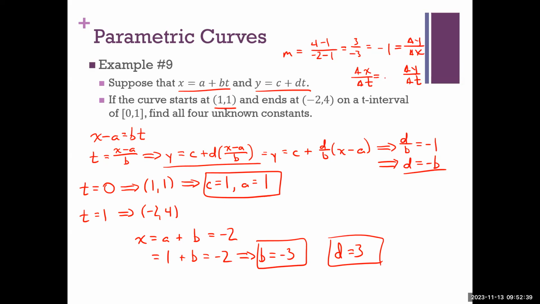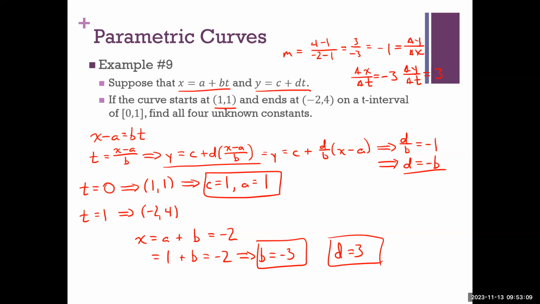What's the change in x over this interval? -3, and the change in t was 1. Can I say that these slopes right here are constant? Based on the way x and y are defined, can I say those are constant or just averages? How do you know?